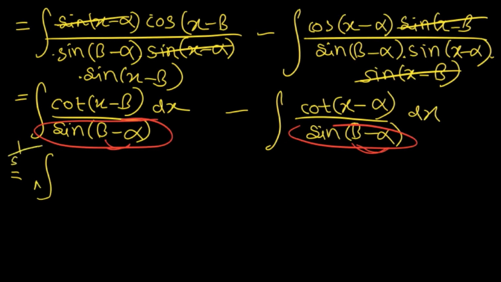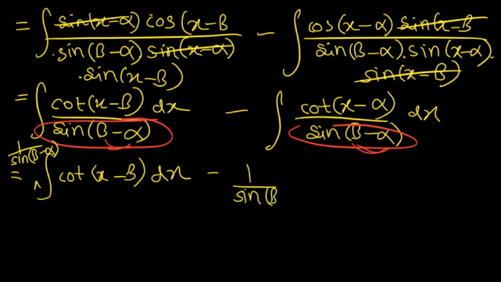Obviously we are writing 1 by sine(beta − alpha) integration of cot(x − beta) dx minus 1 by sine(beta − alpha) integration of cot(x − alpha) dx.